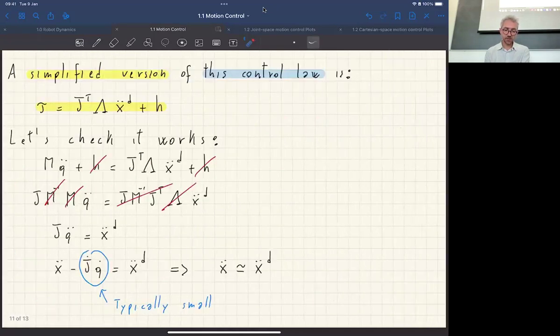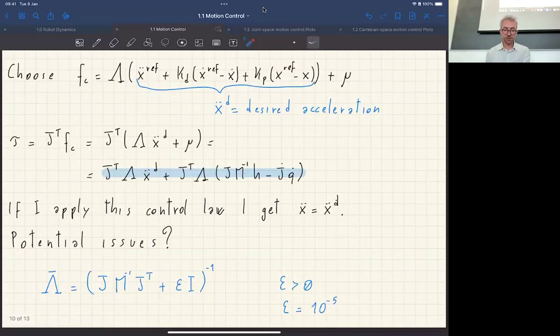If you remember, this was a simplified version, but the non-simplified version was this one, which did compensate for h, but not in joint space. So this compensation is happening in Cartesian space.